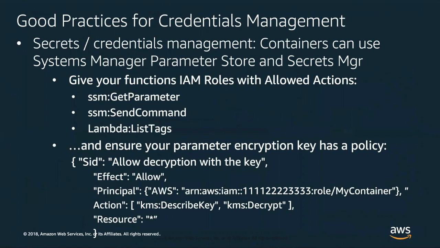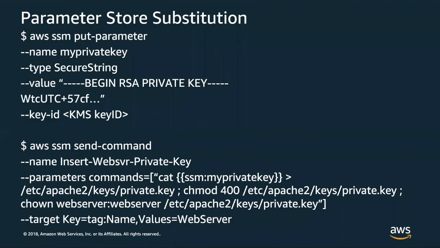If you just give it these parameters and ensure that it has this policy, then you're able to actually use Parameter Store to go and take an RSA private key that's been put into it, encrypted using the secure string flag and KMS private key with this key ID, and actually go substituting it into a shell command where the contents of the curly brackets here get expanded out into the key, to then go retrieve the key, put it in all the places that you'd expect Apache to want it, and then you can go start your server up again, it doing this based on whether the entity is tagged as a web server.